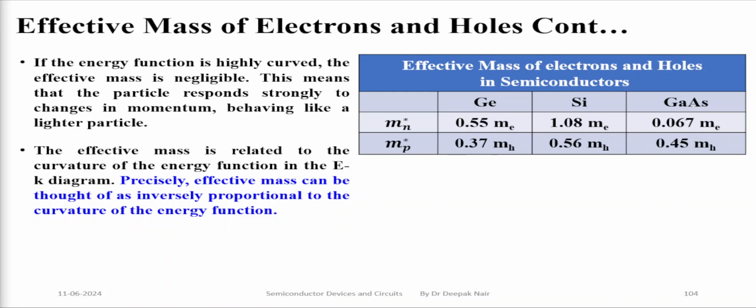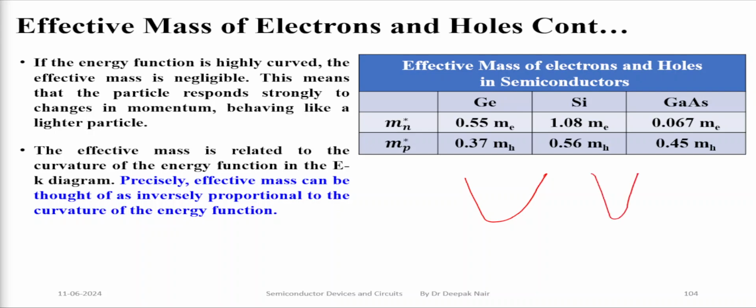Similarly, for silicon, the effective mass of the electron is 1.08 and the effective mass of the hole is 0.56. For gallium arsenide, the effective mass of the electron is 0.067 and for the hole it is 0.45.